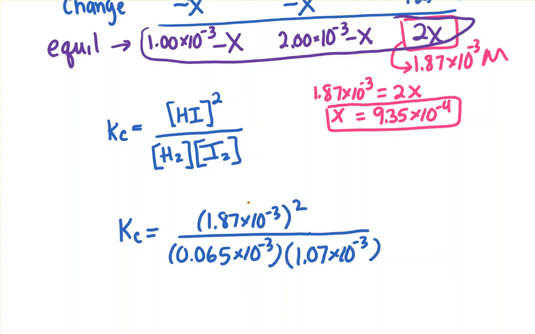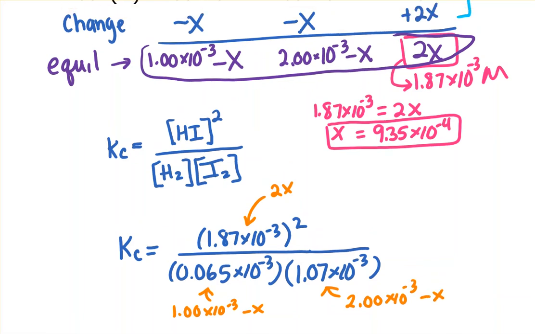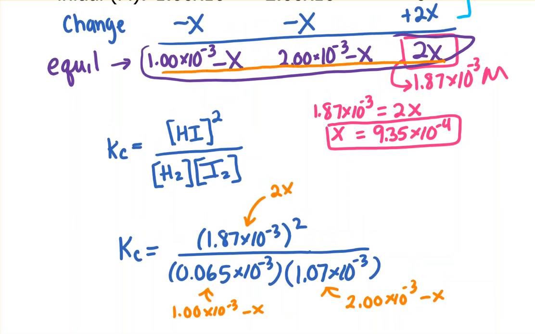Okay, let me point out where all these numbers came from. This number was 2x. This number is the 1.00. It's written kind of funny, but it's what it is. Okay, and again, those values I got from this. That's why I plugged in what I did there.